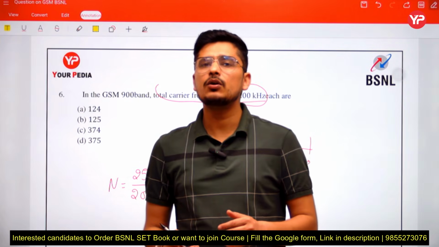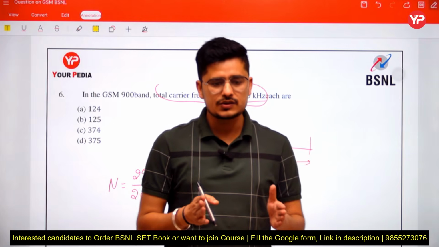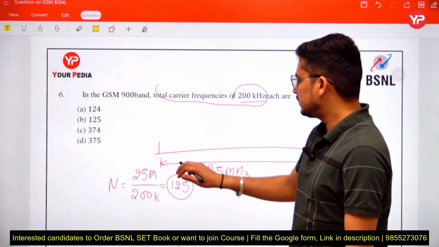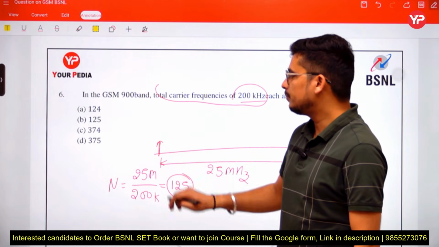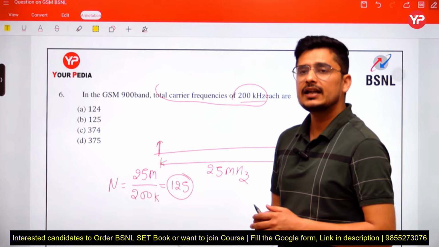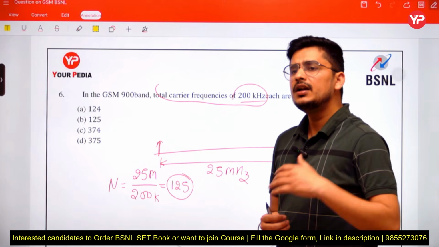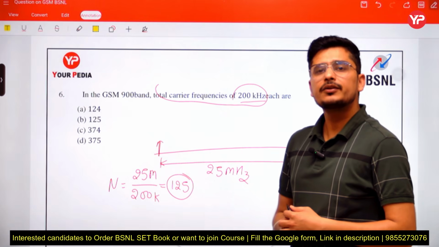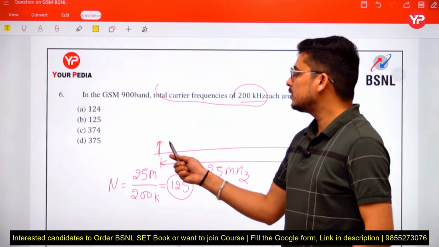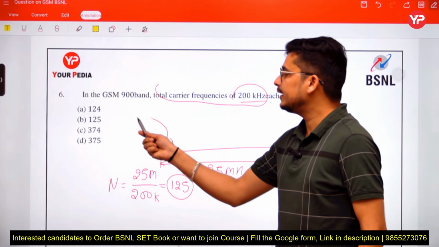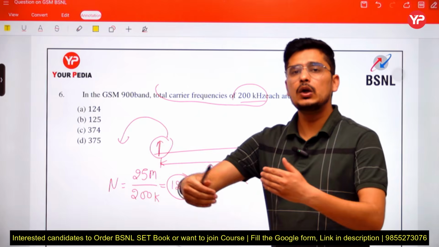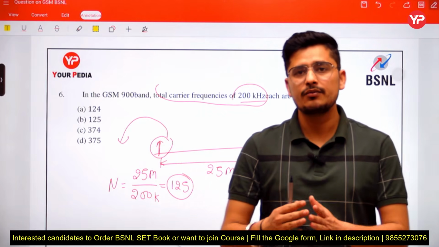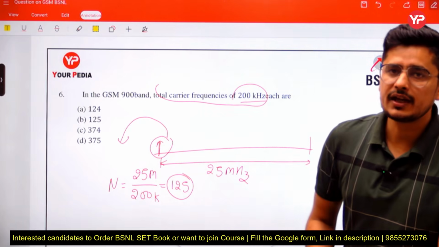One more thing, always remember, whenever we go for GSM, the lowest carrier is lying here, but we will not use that carrier during the transmission. Why are we not using that carrier? Because this carrier can create interference with lower frequencies, so we will leave the starting carrier.